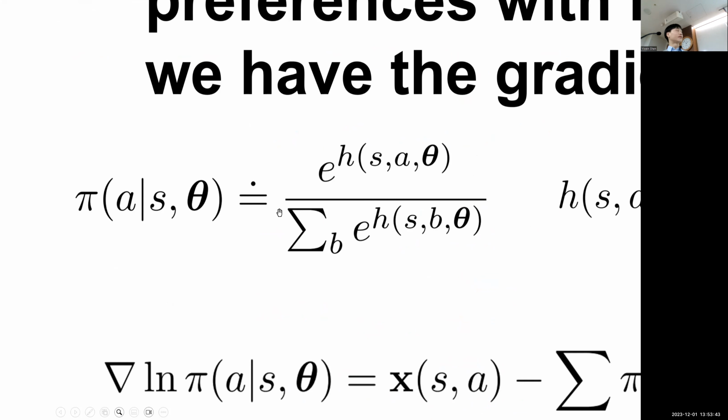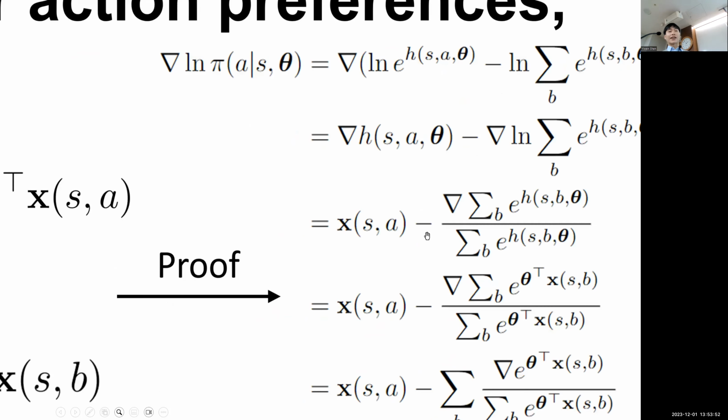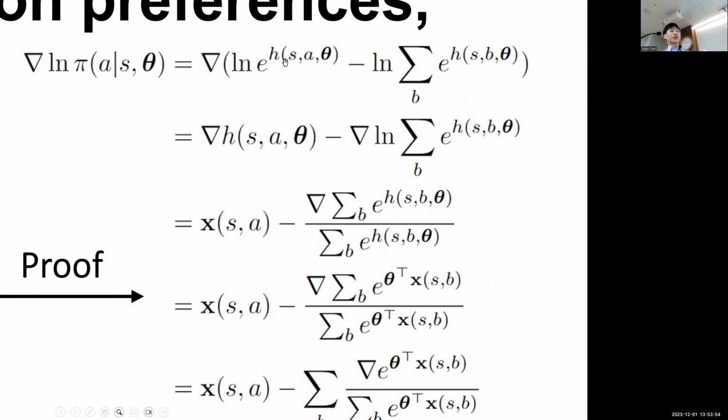If you put an ln here, it will just become the numerator minus the denominator, which is exactly here. We just divide it into two parts, numerator and denominator. So ln e to the h of theta minus ln of the sum. This is the first operation. If you look at here, you see the ln with the e, and these two will be cancelled.